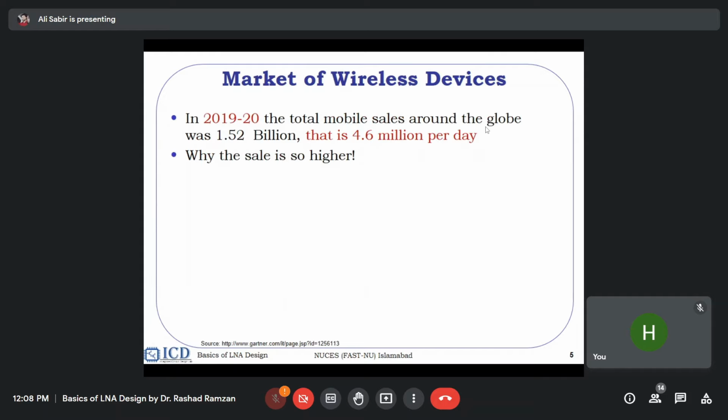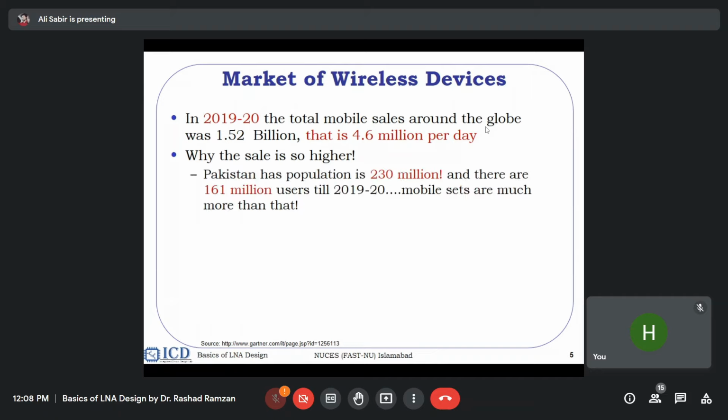Out of this electronic system market, the market of wireless devices is huge, especially with the advent of the IoT, where every electronic device will be interconnected with the network, controllable and talking to you. This has given rise to exponential growth in the wireless market.